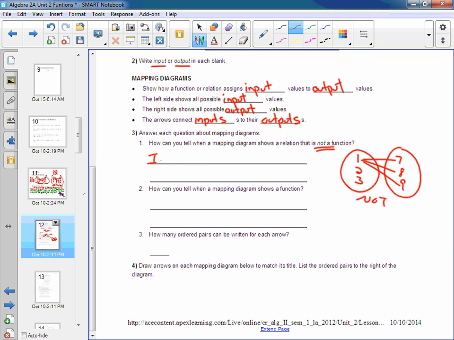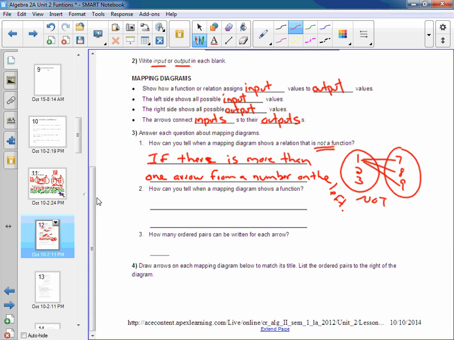So let's say if there is more than one arrow from a number on the left.